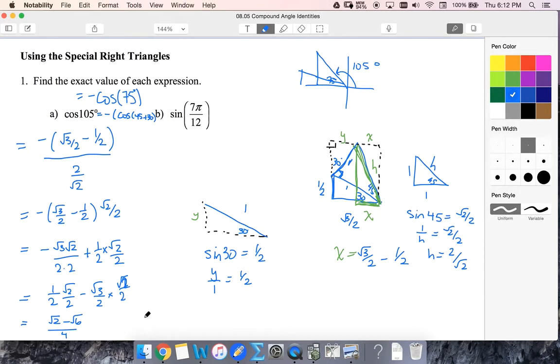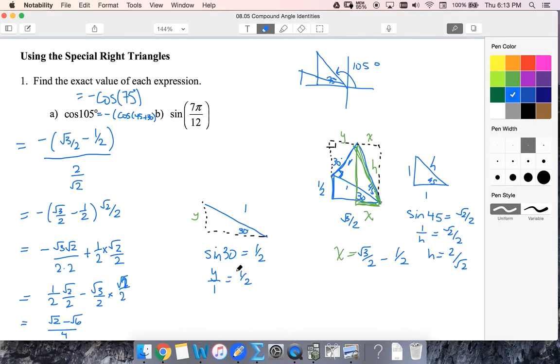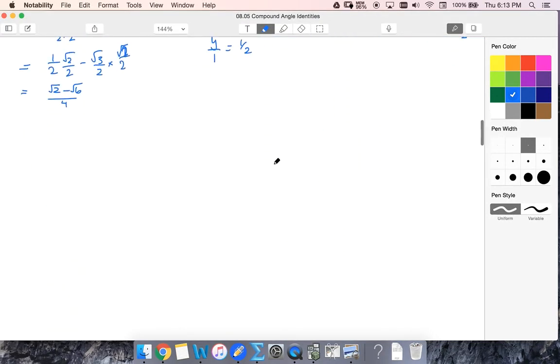But let's come and look at the formula. So the formula says that if I have cosine of a plus b, so here's a sum formula. So I had cosine of, let's scroll down a little bit. So cosine, if we just look at cosine of 75, if we look at the quadrant 1 value, that's cosine of 45 plus 30.